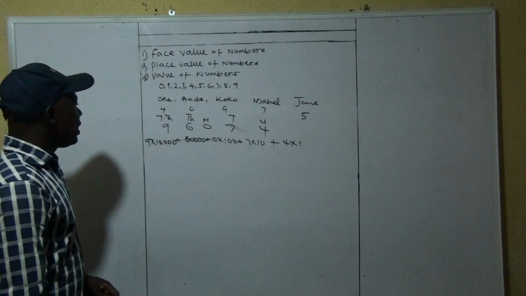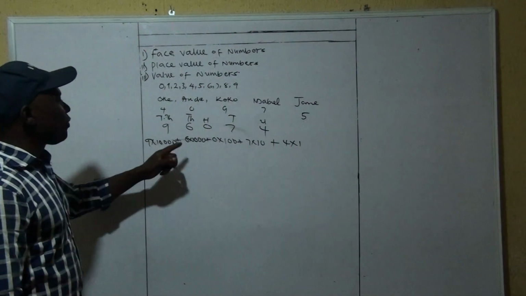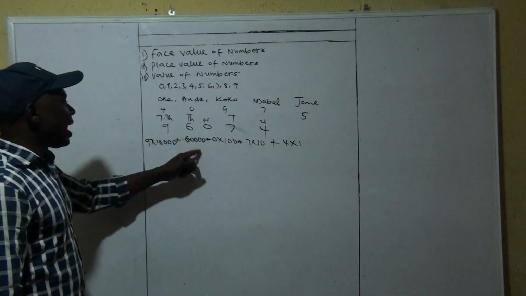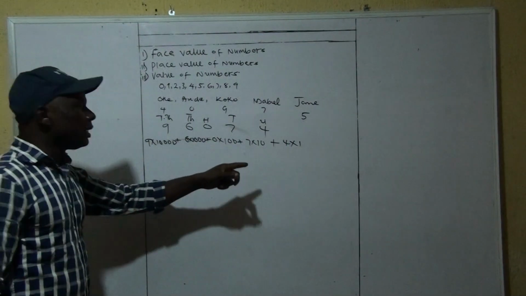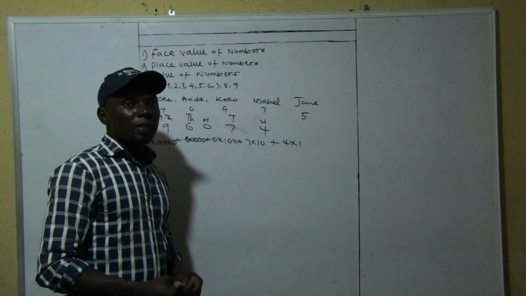Now if you look at this, 9 is multiplying tens of thousand, 6 is multiplying thousand, 0 is multiplying 100, 7 is multiplying tens, and 4 is multiplying units.